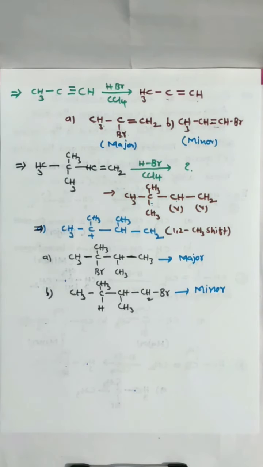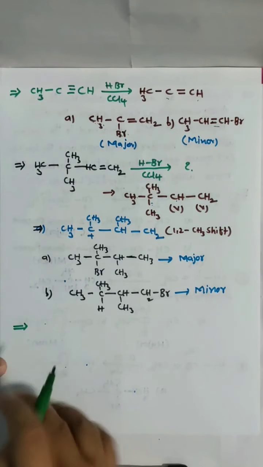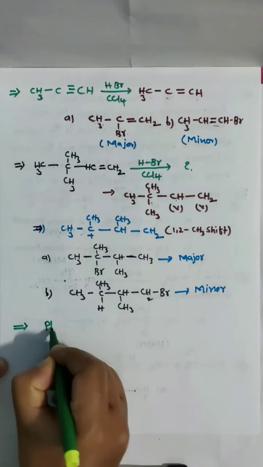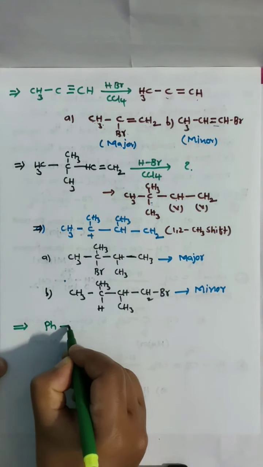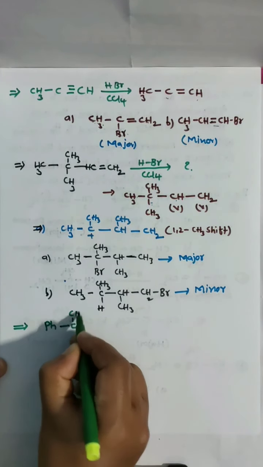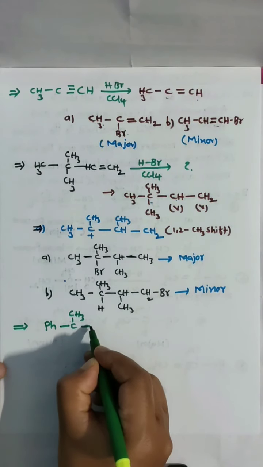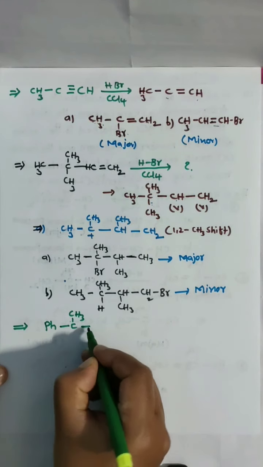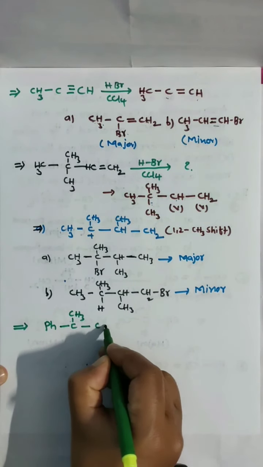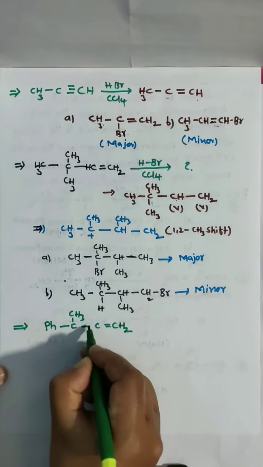Go for another example, with a different one. Ph, means phenyl, bonded to carbon CH3, and here we have double bond, C double bond CH2, double bond CH2.